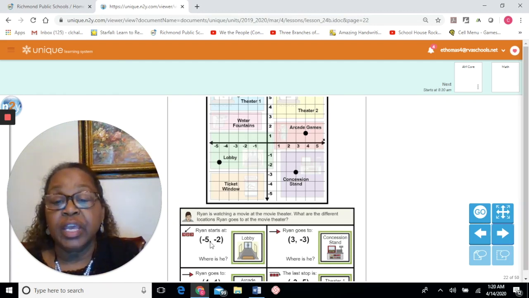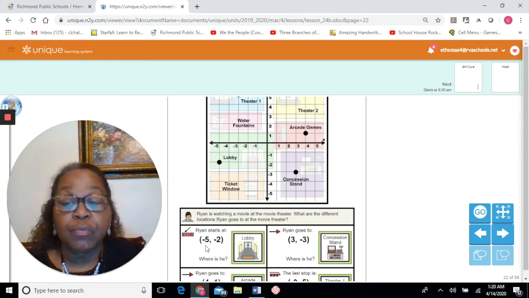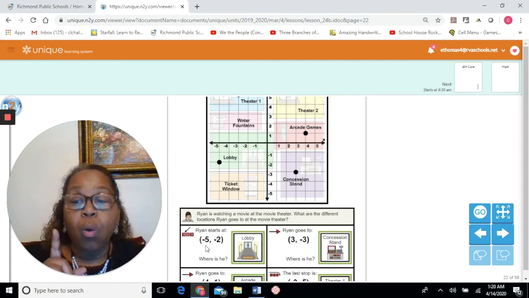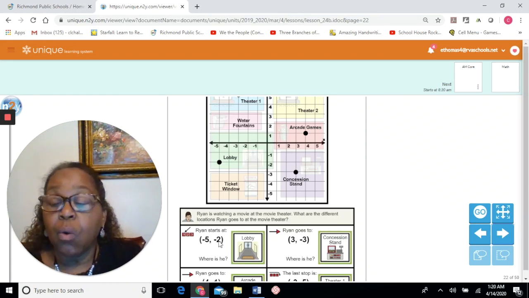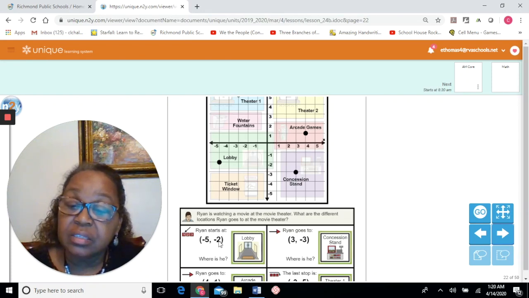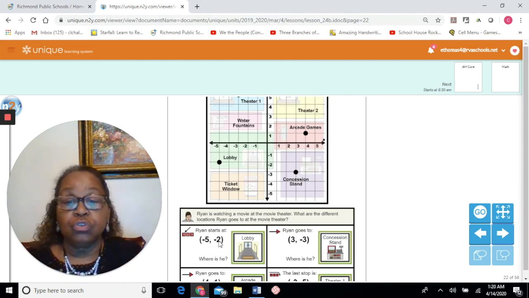Here we have two negative numbers, a -5 and a -2. The first number in the ordered pair is for the x-axis. It's always for the x-axis. And the second number in our ordered pair is for the y-axis. So you will always have a consistent way of knowing which way you're going and which axis you're using.